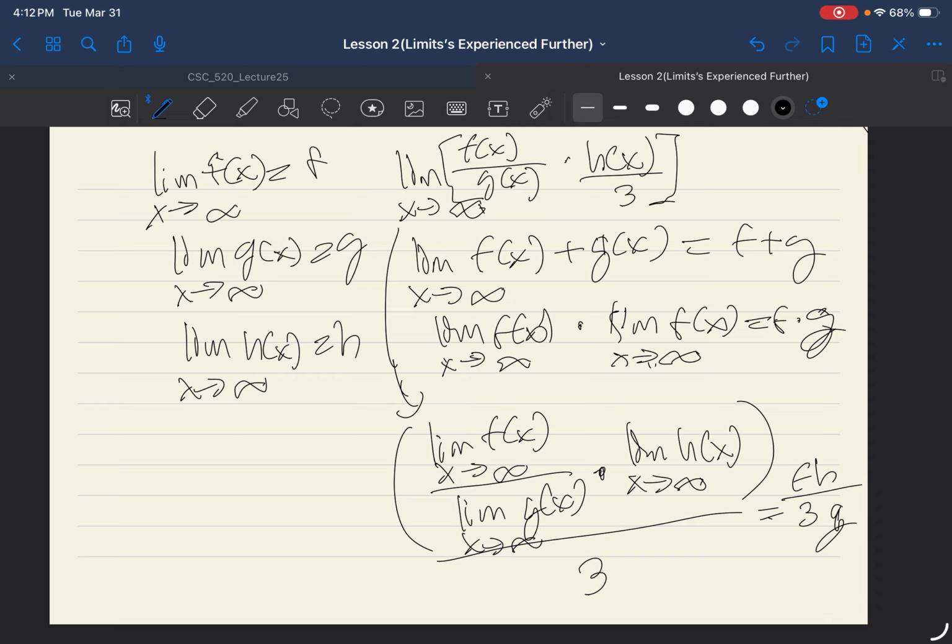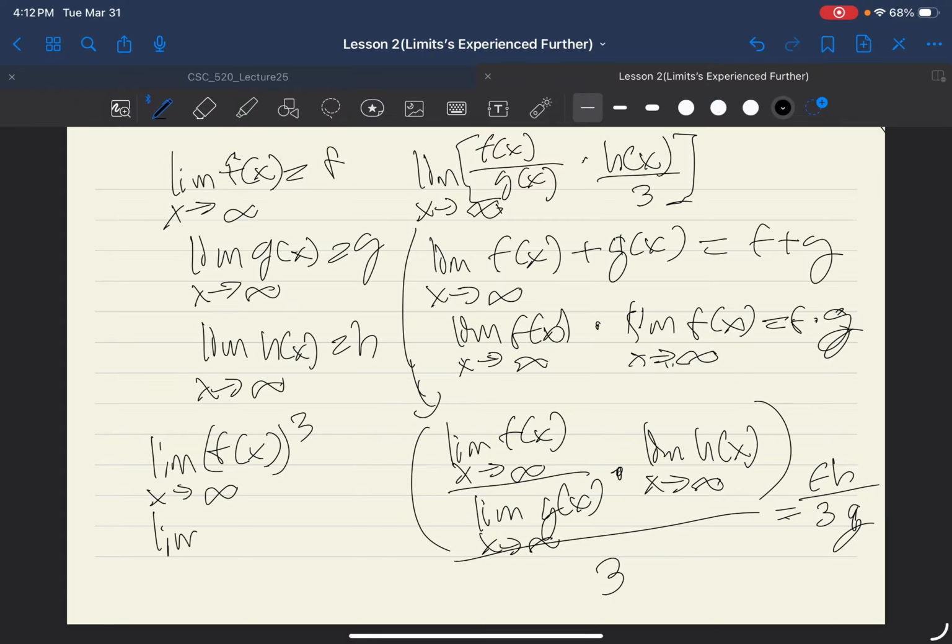Exponents are going to be pretty important. So let's say the limit as x approaches infinity of f of x to the power of 3. We can just take that exponent out. Another neat thing you can do with limits is you can just take that exponent out of there.